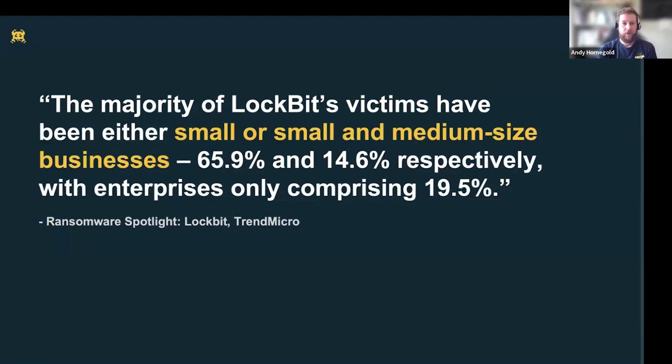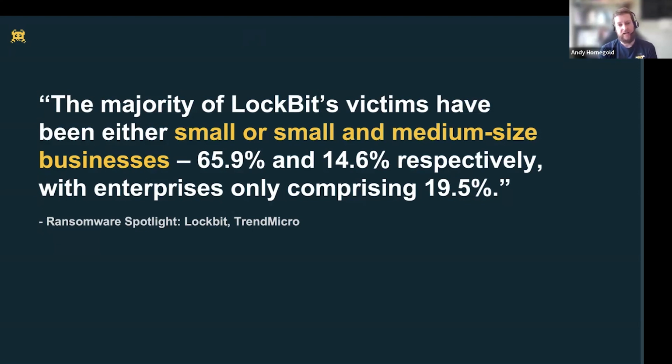What we're seeing, and this is echoed by the information that Trend Micro has published within their ransomware spotlight, is that LockBit, which was, up until January this year, one of the most successful ransomware gangs on the planet, with their affiliate structure, they were the ones that compromised the most organizations.